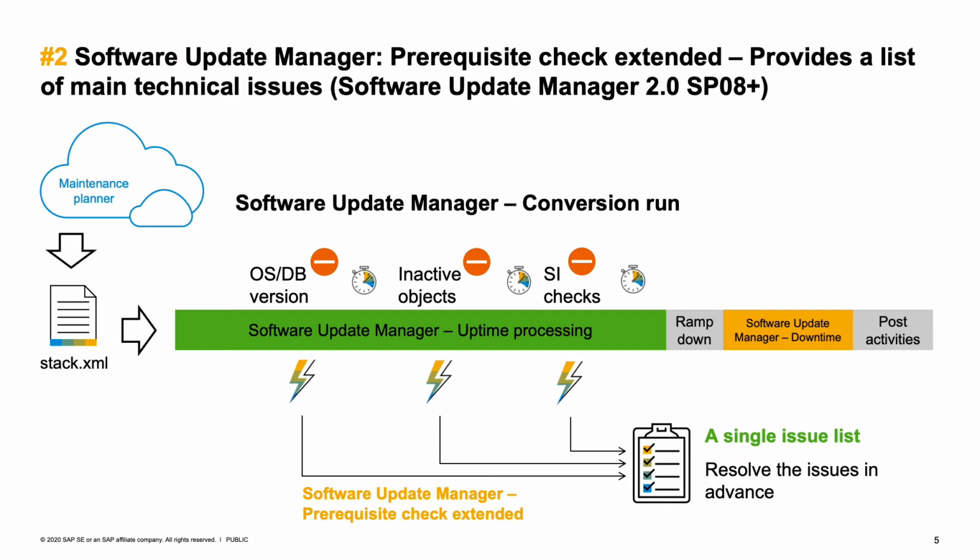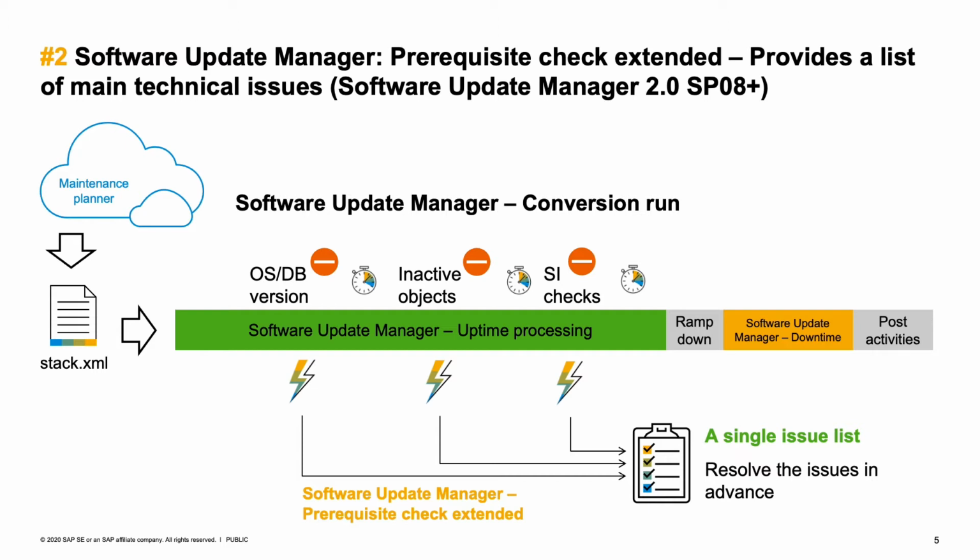So in the past, when SUM detects an issue, it stops and interrupts the process until the issue is fixed. This behavior is by design and is there for a good reason, because only that way we can ensure that all prerequisites are met. For example, mismatch of OSDB versions, inactive objects in the existing source systems, failed simplification item checks, you name it.